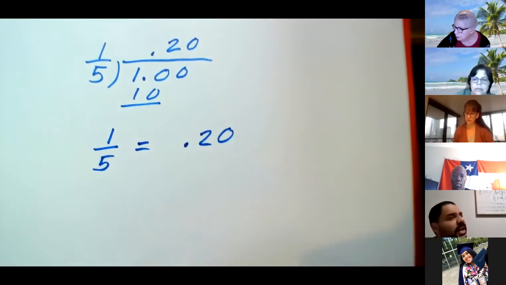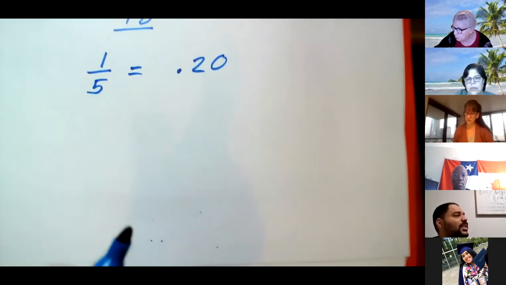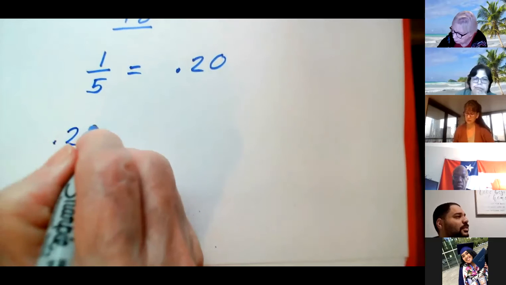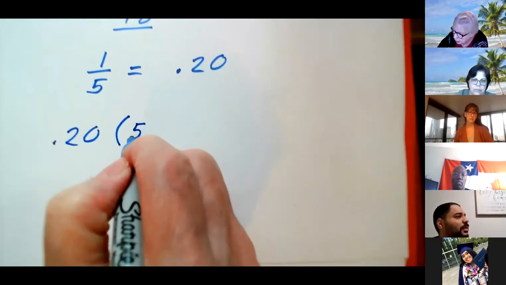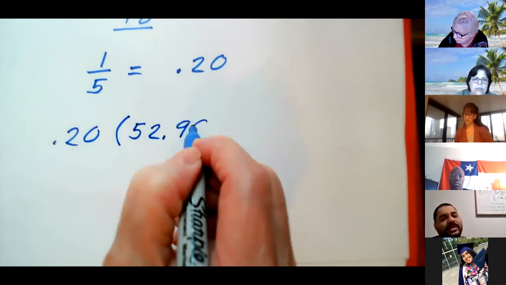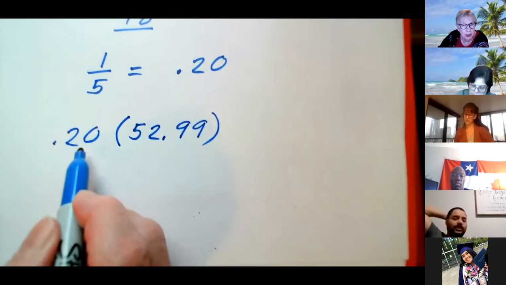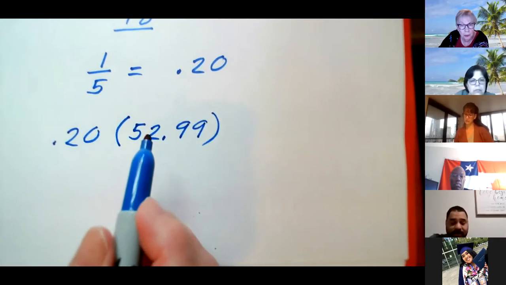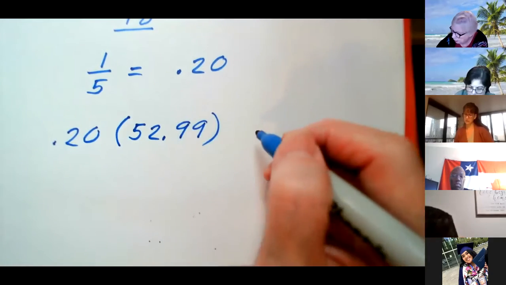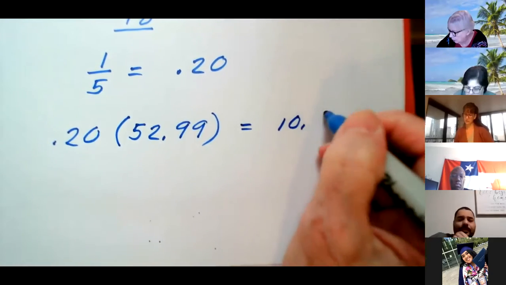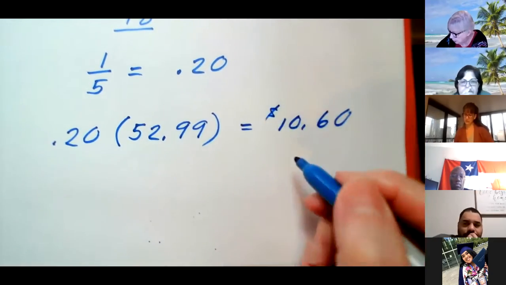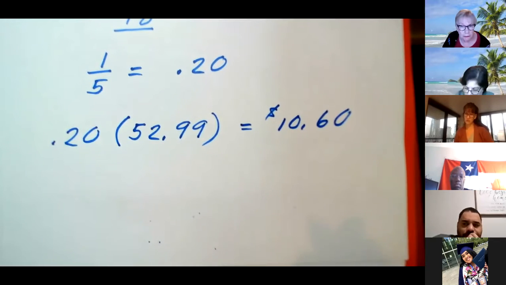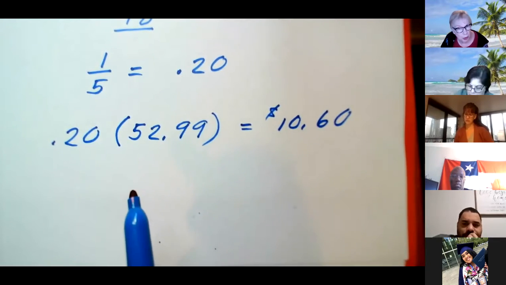At this point in time, you could have done this problem the other way. 1/5 off would be 0.20 multiplied by 52.99. So this is 1/5 as a decimal. And when you multiply this out, you will get $10.60. And this is still the amount off. So this was the other approach.